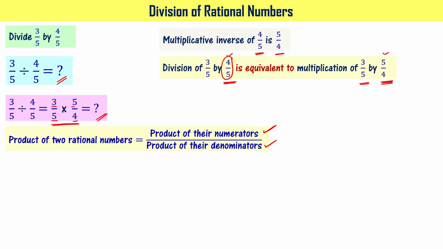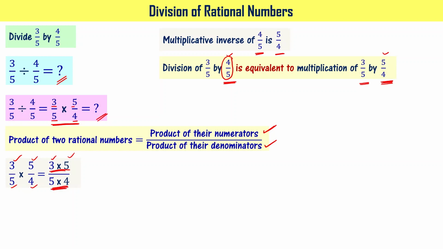It means I can write 3 by 5 times 5 by 4 as 3 times 5 divided by 5 times 4, right? We have taken the product of the numerators, that is 3 times 5, and the product of the denominators, 5 times 4, right?